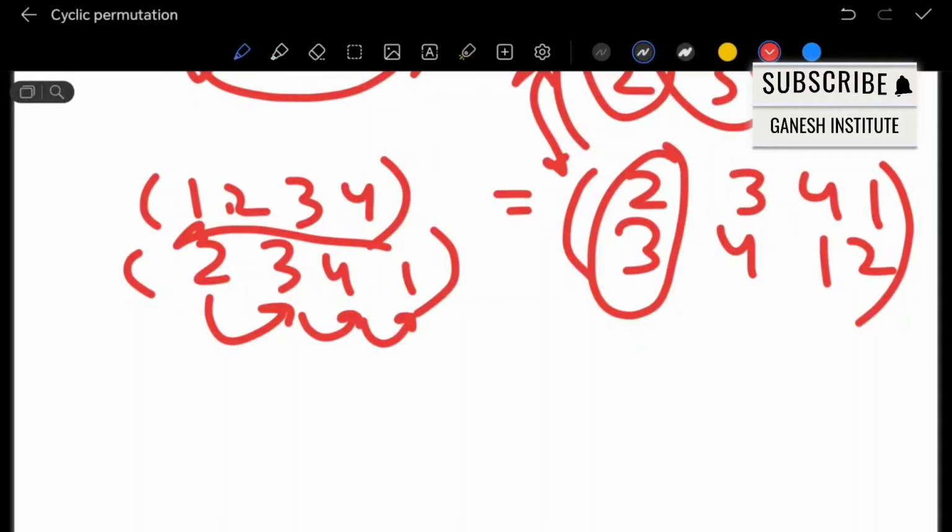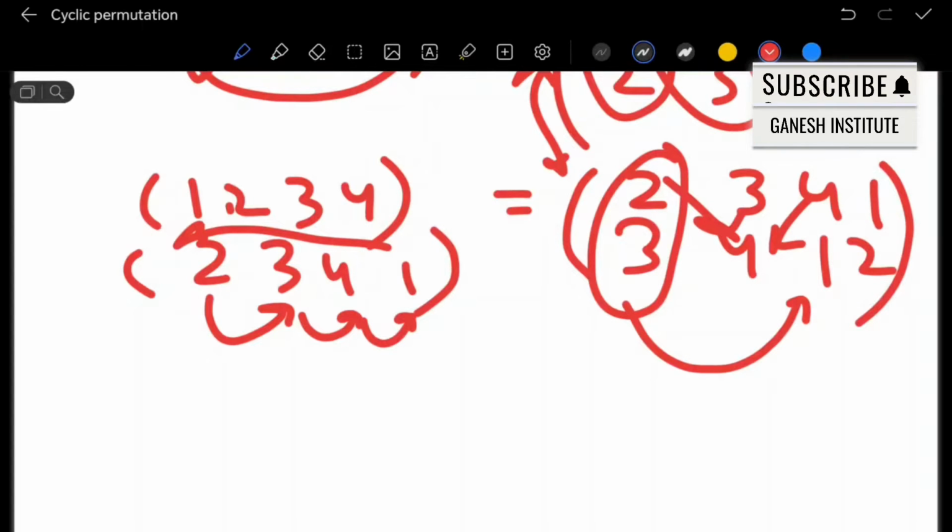It's not that you change their images altogether. So this is how you can solve problems for cyclic permutation.